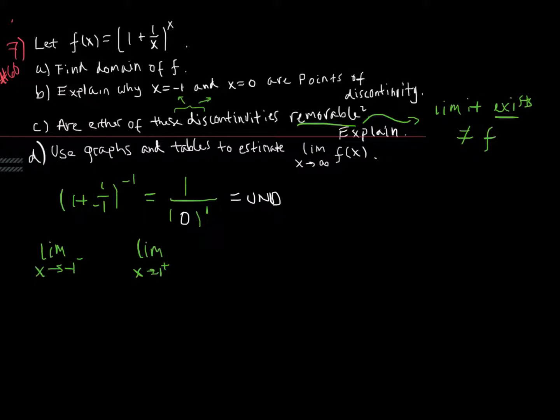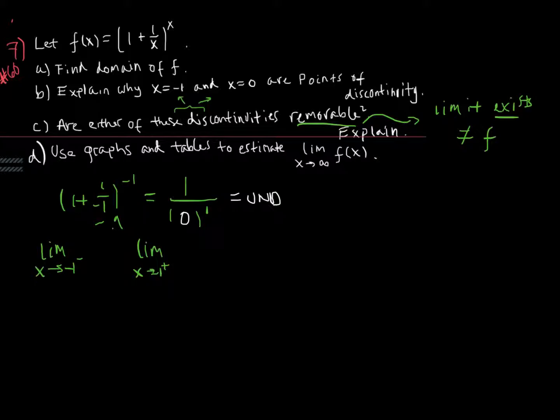Well, from the right side of -1, you have values like -0.9. Well, 1 over -0.9 is a negative number that's bigger than 1 in absolute value because the denominator is smaller than the numerator. So here, you're going to have a value bigger than 1 in absolute value, getting closer to 0. So it's going to be approaching negative infinity.